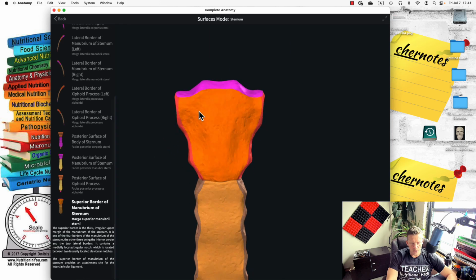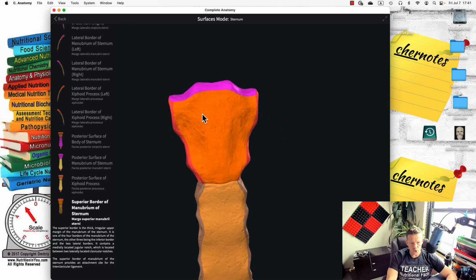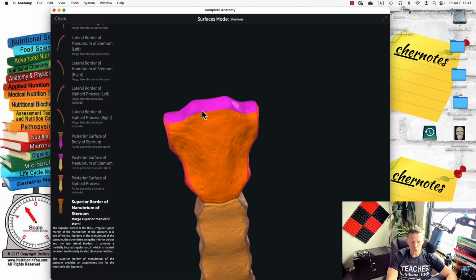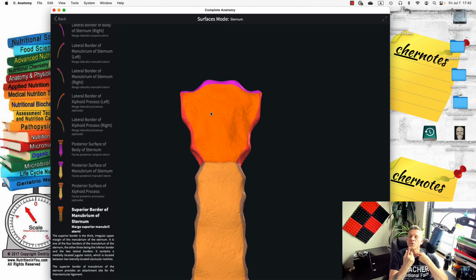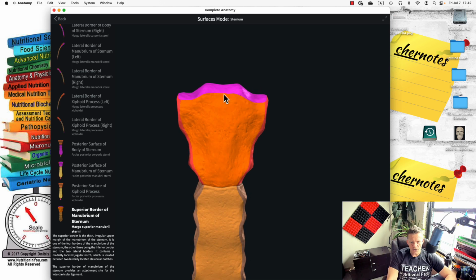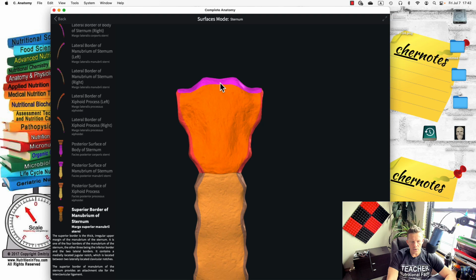This most superior part is called the superior border of the manubrium of the sternum. You can put your finger right here and palpate this notch. This notch is called the jugular notch.